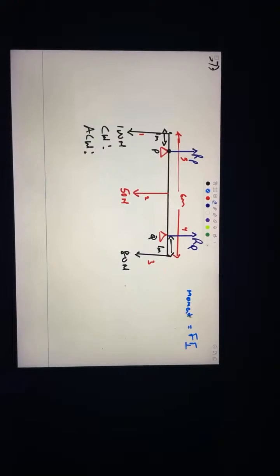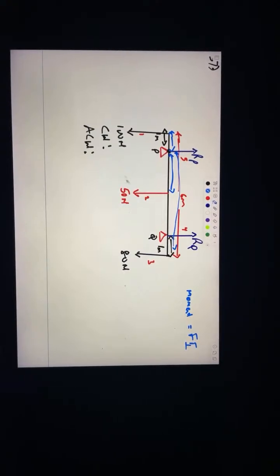For instance, for this 50 newton, you must be able to get the distance from this 50 newton to this place. This 100 newton, you must get the distance from here to the pivot. This 80 newton, you must get the distance from here to the pivot. I mean, you need that distance.